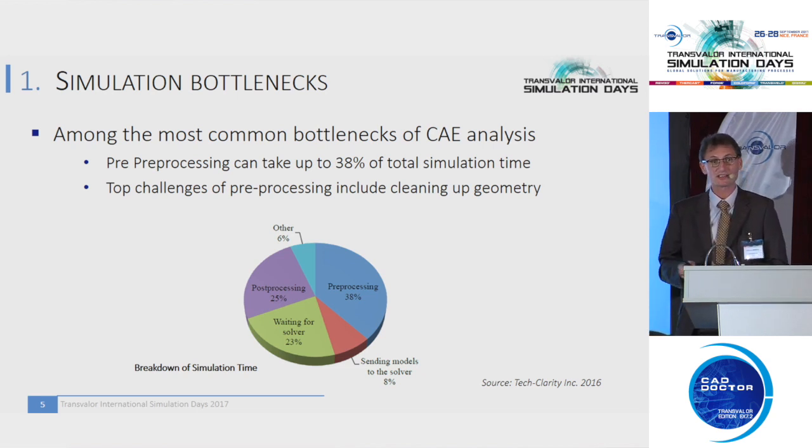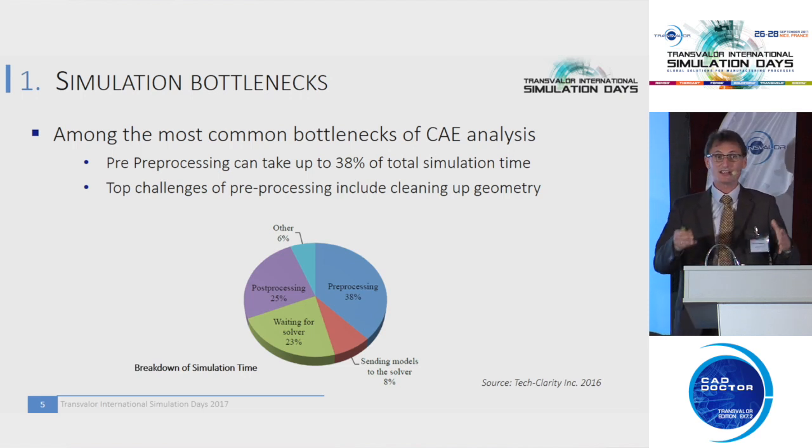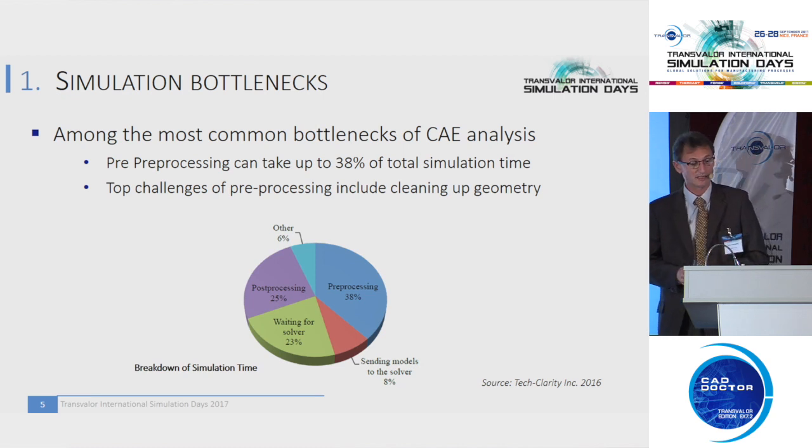More precisely, they are stating that up to 38% of the overall simulation time is taken by pre-processing tasks. And among pre-processing, cleaning up geometries is one of the top challenges.